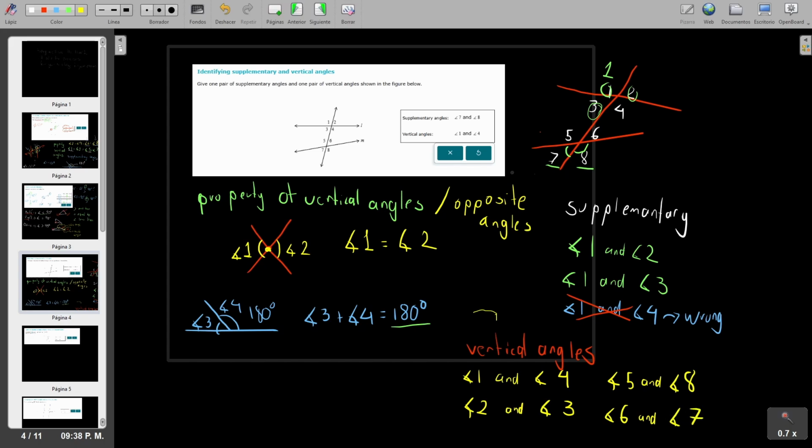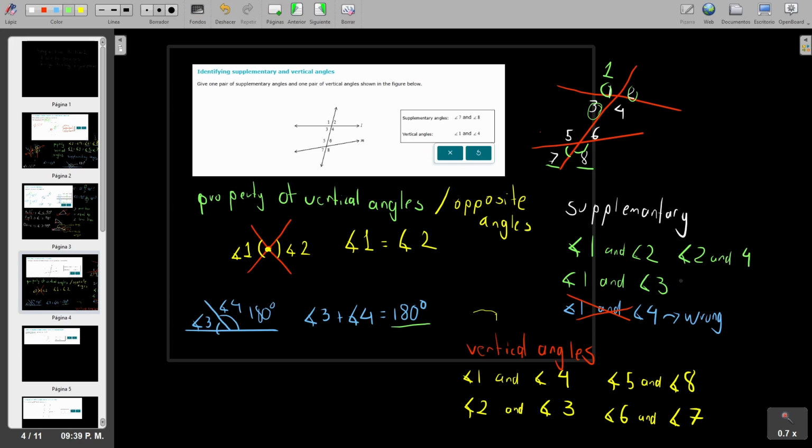As we can see, they decided that they wanted to use number 1 and number 4, so we can confirm that these are vertical angles. And for supplementary angles, we can say 1 and 2, 1 and 3. We can also put angle 2 and 4. What else?